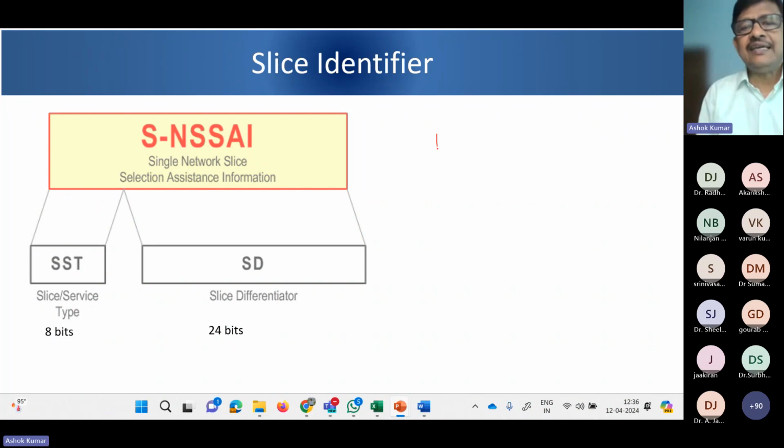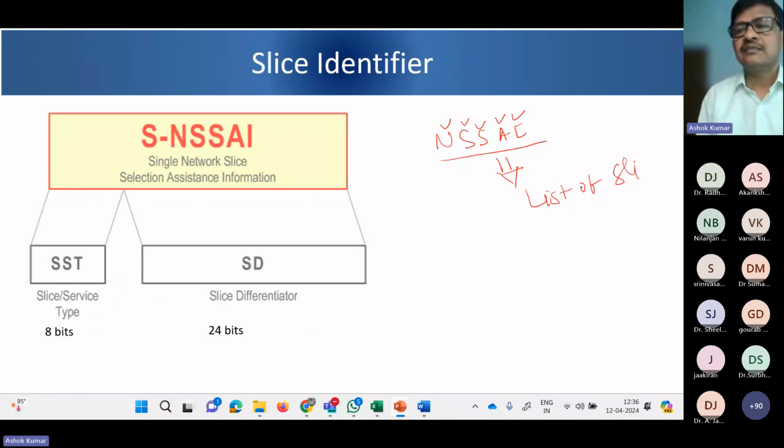When we say NSSAI, we are saying Network Slice Selection Assistance Information. Whenever we say this, actually we are talking about a list of slices. So this is a plural, not a singular one. That means it is a list of slices.